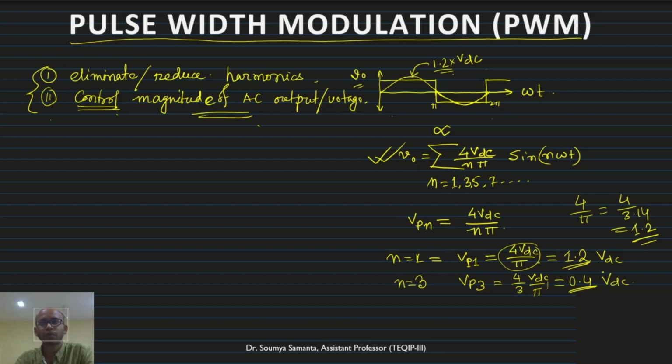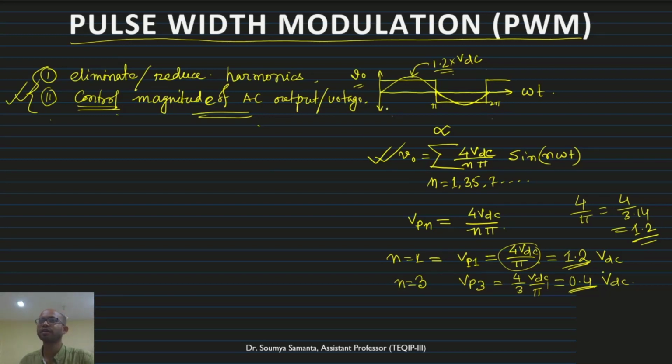By controlling that width of the gate pulses, we can control the output voltage of the inverter and the harmonics. That means these two objectives can be achieved by controlling the width of the pulse which we apply to the gate.